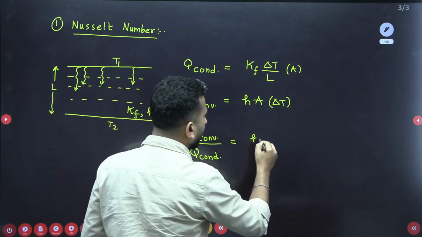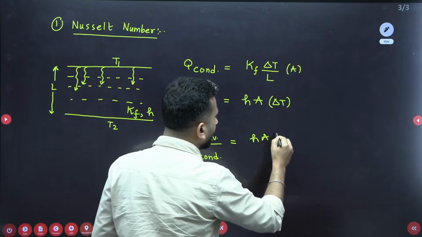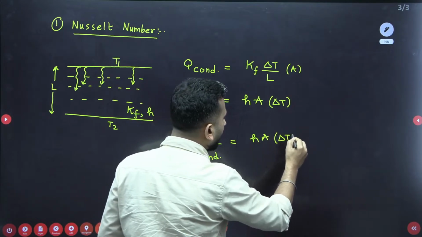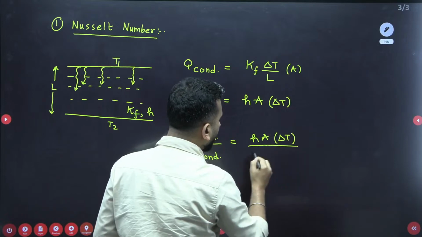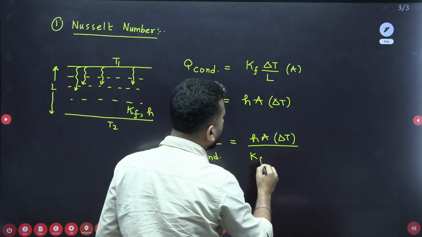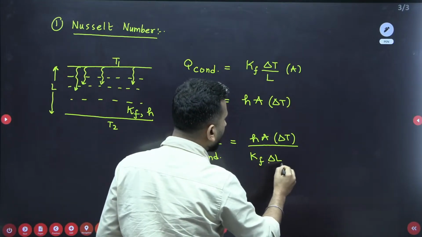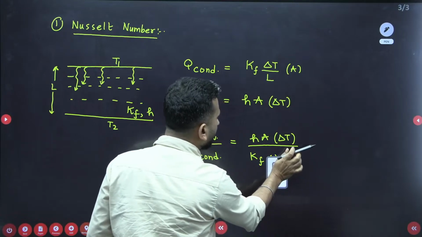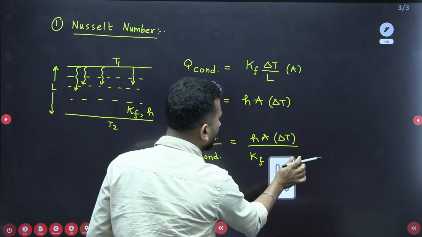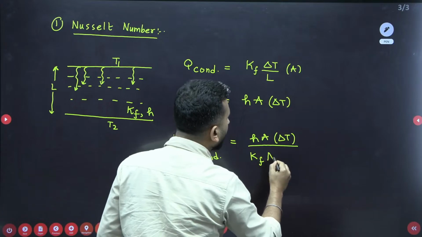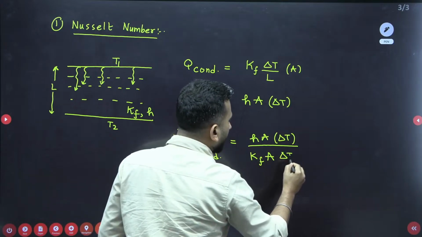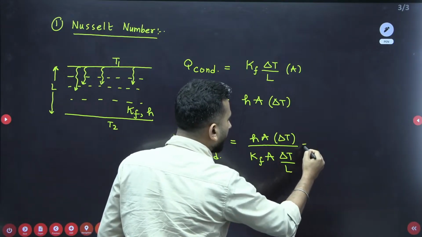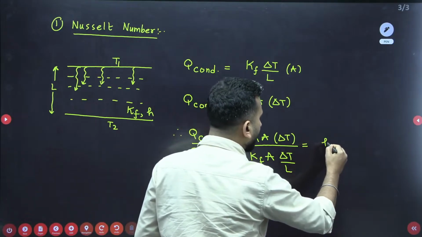So I can write H A delta T divided by Kf.